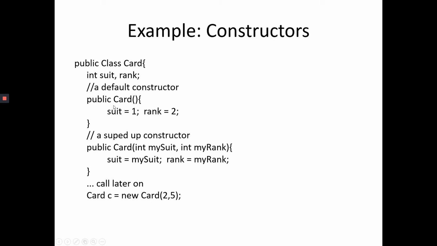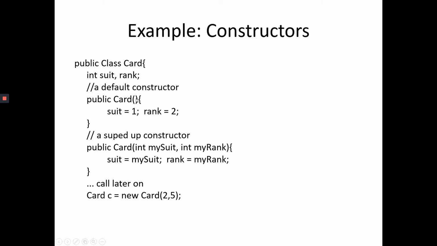Then the name of the method, and this is part of what makes it a constructor, matches exactly the name of the class. So when you say card c equals new card, it is going to look for that method. Then you have your parameters.